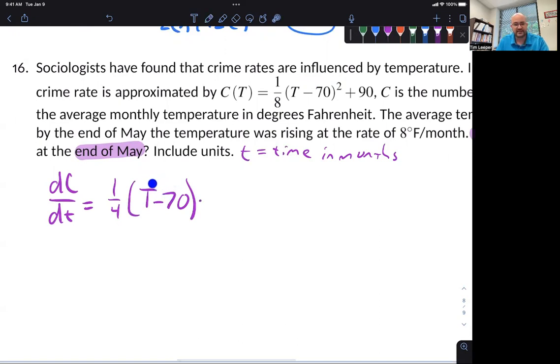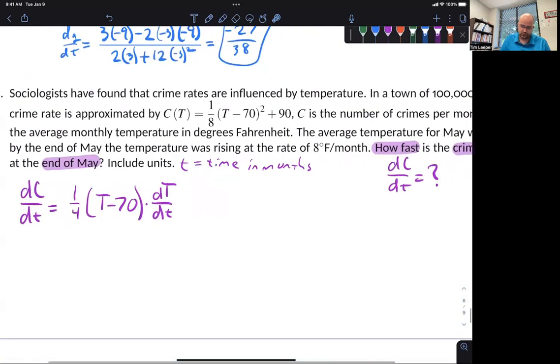Now, the derivative of the inside is just 1 times dT/dt. Notice that's d capital T, d little t. So it's the derivative of temperature with respect to time there. Good. And the plus 90, well, that 90 just goes away because it becomes 0.